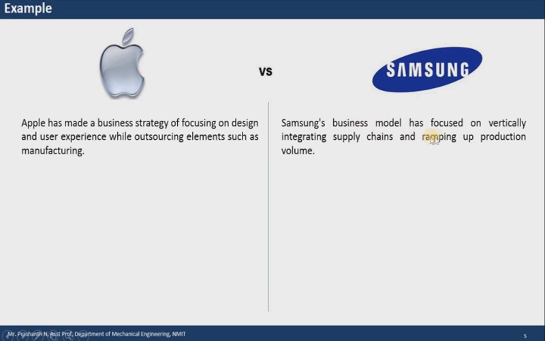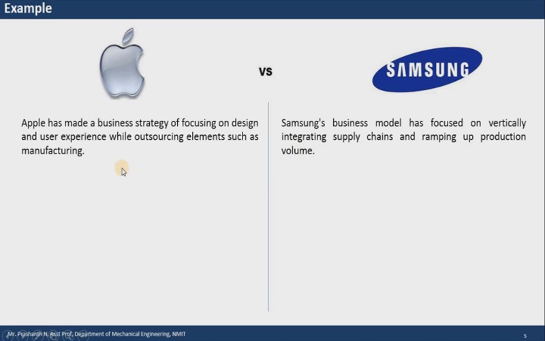Samsung's business model basically focuses on vertical integration of supply chains and ramping up of production volumes. So here, if we see, Apple is more focused on design and user experience, whereas Samsung is more focused on vertical integration of supply chains and ramping up of production volumes.